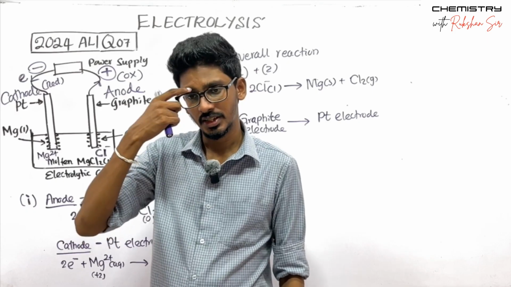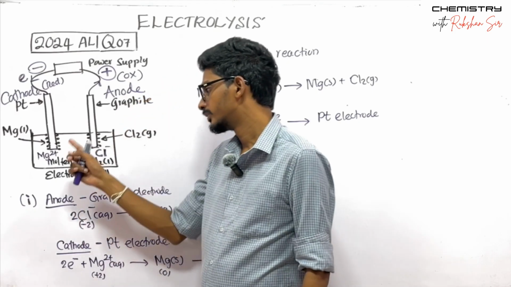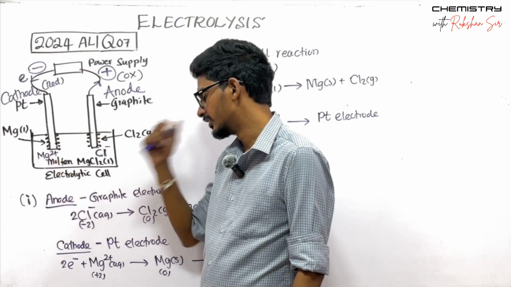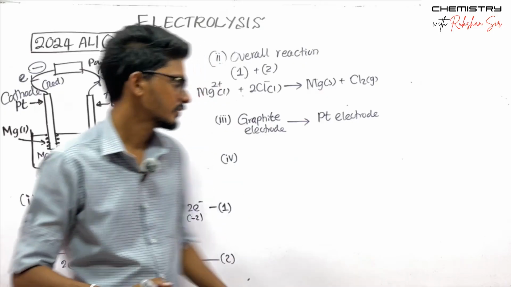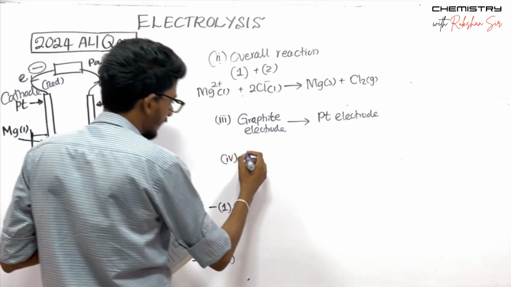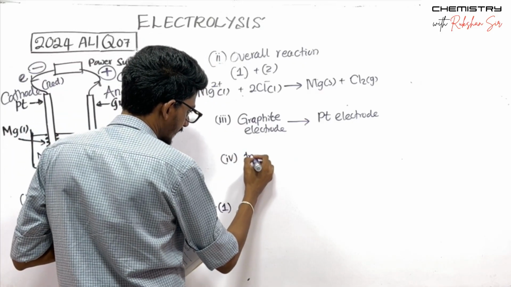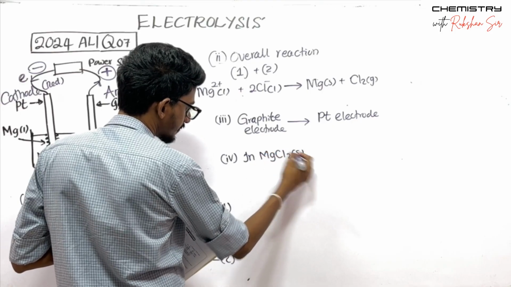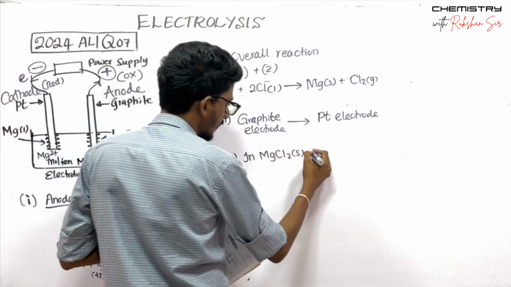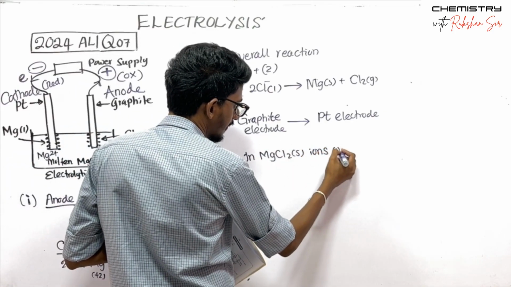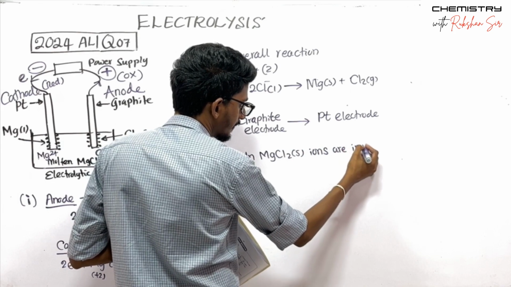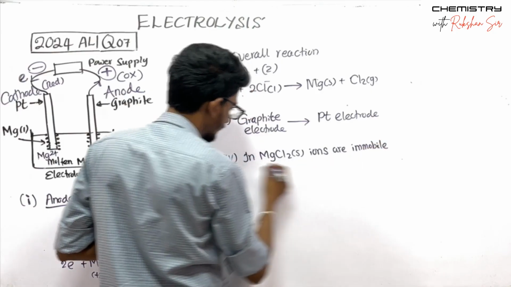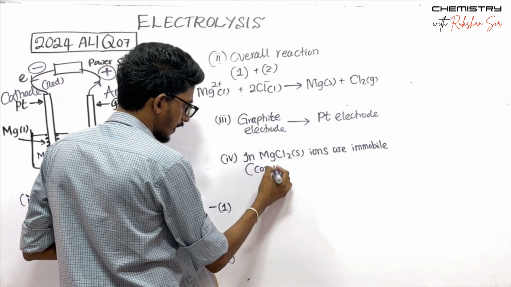So you are unable to observe this. In magnesium chloride solid, ions are immobile. They cannot move.